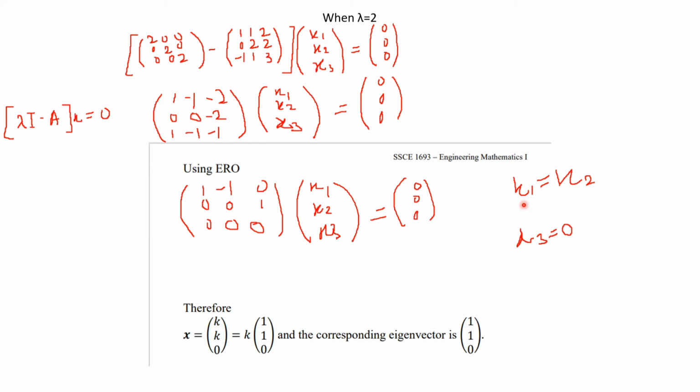When the first equation is rearranged, it will give us x1 equals x2, and x3 equals 0. From there, we can sum it up as the eigenvector, where x1 is equal to 1, x2 is equal to 1, and x3 is equal to 0, which we can see here in the note.